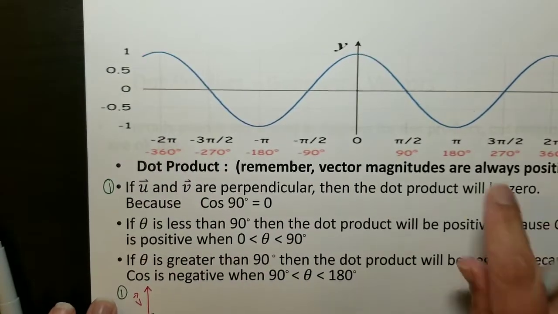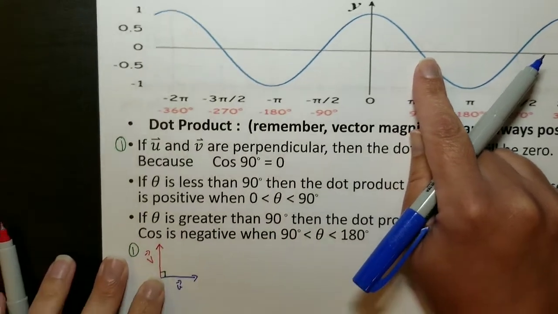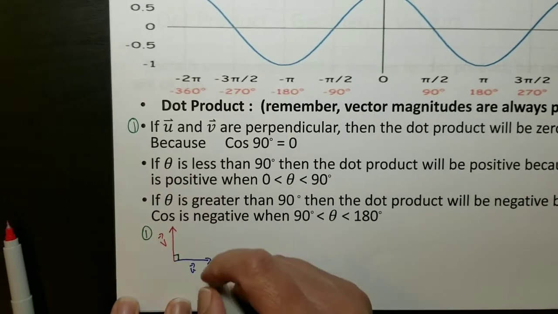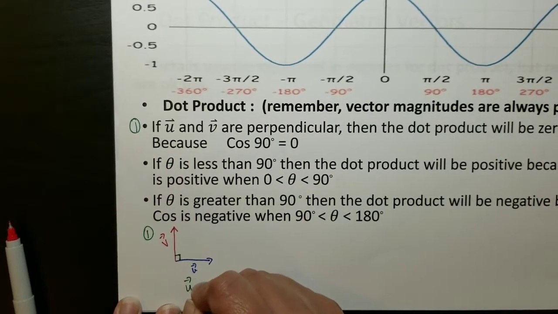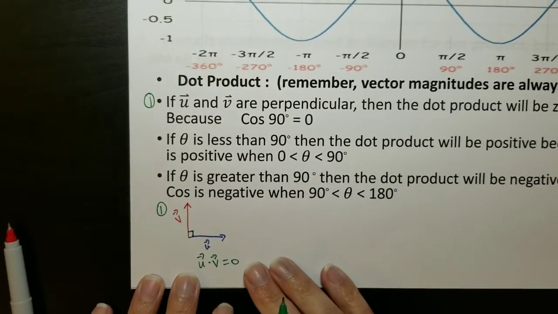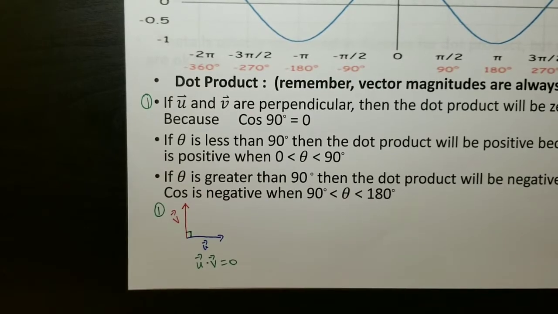But again, this is just here to remind you, cosine 90 is 0. So u dot v, in this case, would equal 0. So if you have perpendicular vectors, the dot product will be 0.